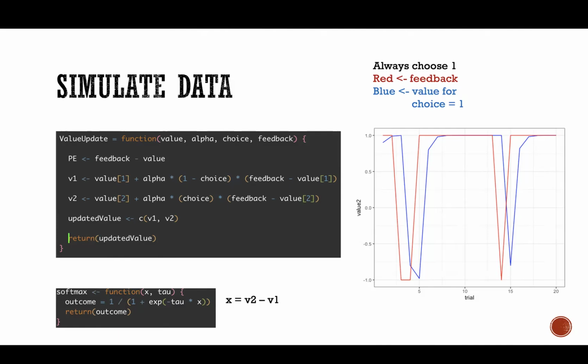And we can see here that the red line is the feedback that the model is getting, and the blue one is the update in the expected value. So once the algorithm gets a negative feedback, right?